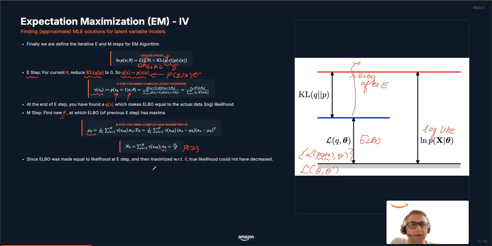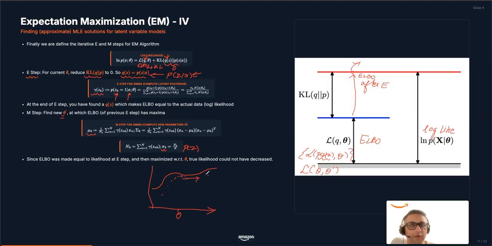There's a pretty famous figure for this kind of optimization. Suppose this is your actual log likelihood. At a certain theta, you first get the ELBO to come here, and then you do a maximization, so theta shifts here.